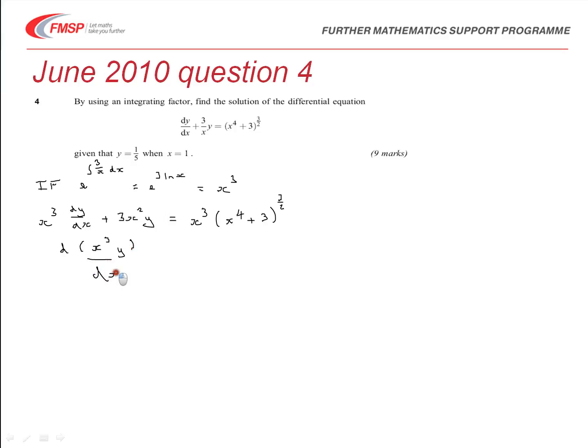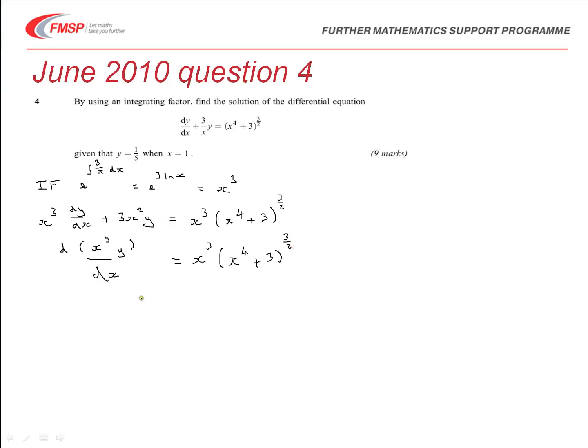If we think about differentiating x cubed y, the differential of x cubed is 3x squared times the y, and then the differential of y is dy by dx times the x cubed. And so that equals again x cubed times (x to the 4 plus 3) to the power of 3 over 2.